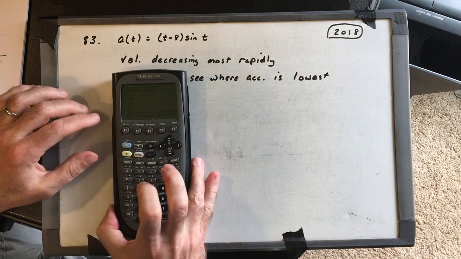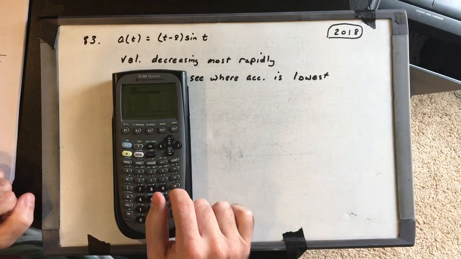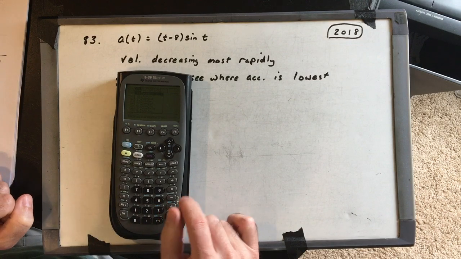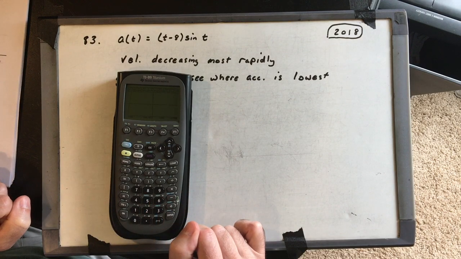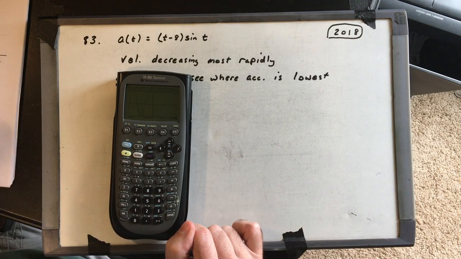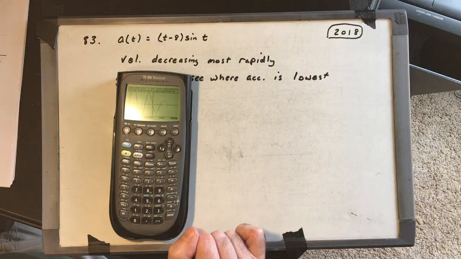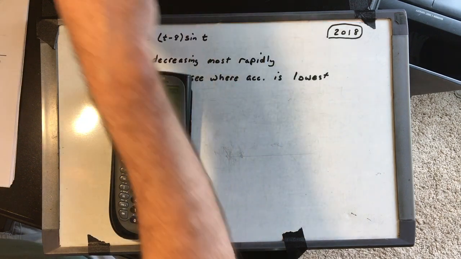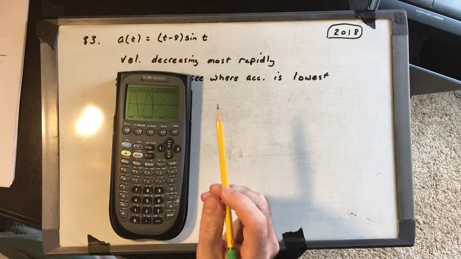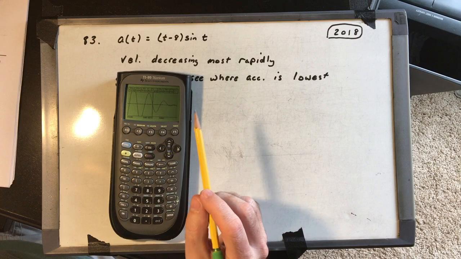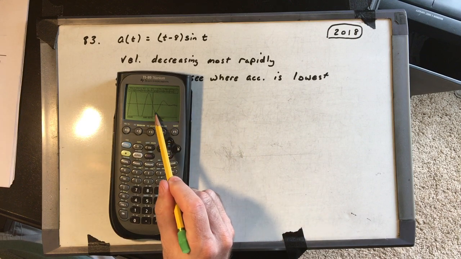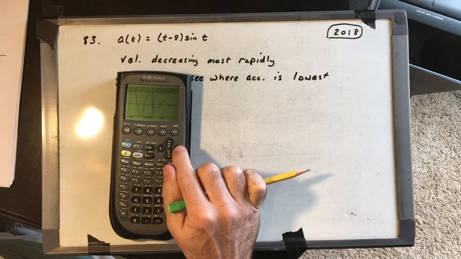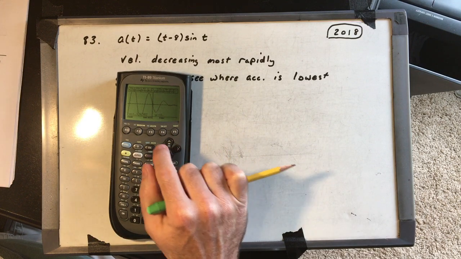Okay, and now we'll F2, and we're worried about between 0 and 8 here, so I'll do F2 6. I hope that's a good light for you. And you can see that at least between 0 and 8, the lowest point is right there. So let me trace this thing.